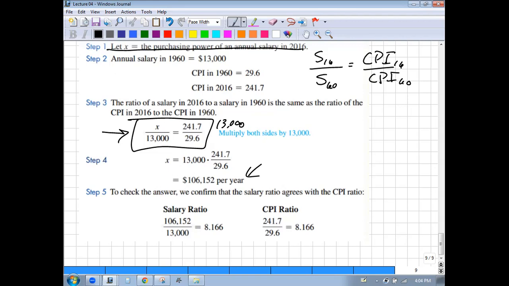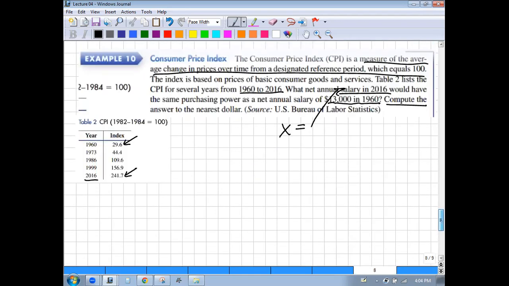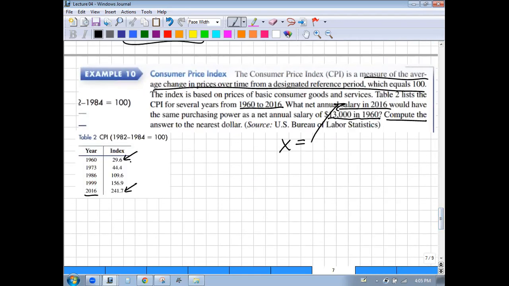It's just the definition of what CPI is. Technically, as long as we know how to do it, we don't even need to know where they get these numbers. We don't need to know how to figure these numbers out. They're just given to us in the chart, so we just need to know how to utilize them.